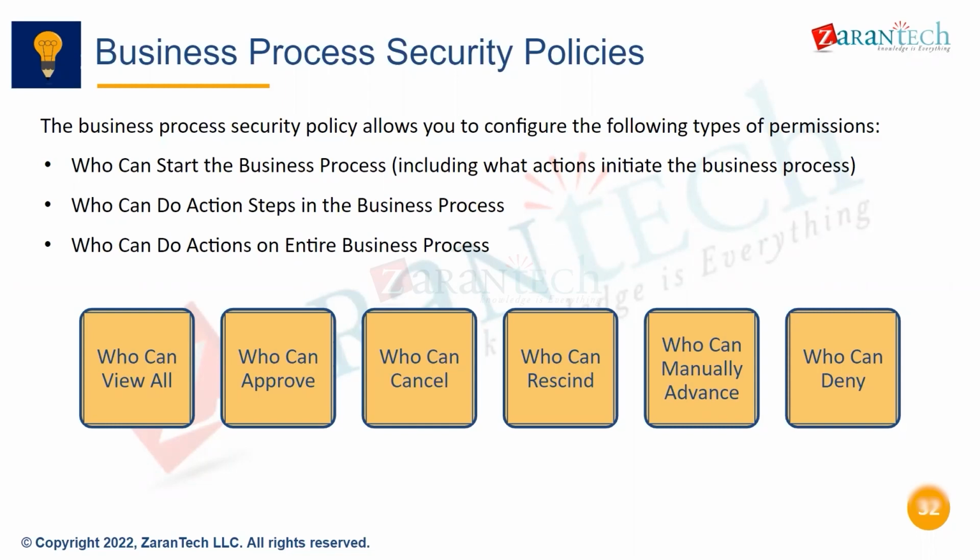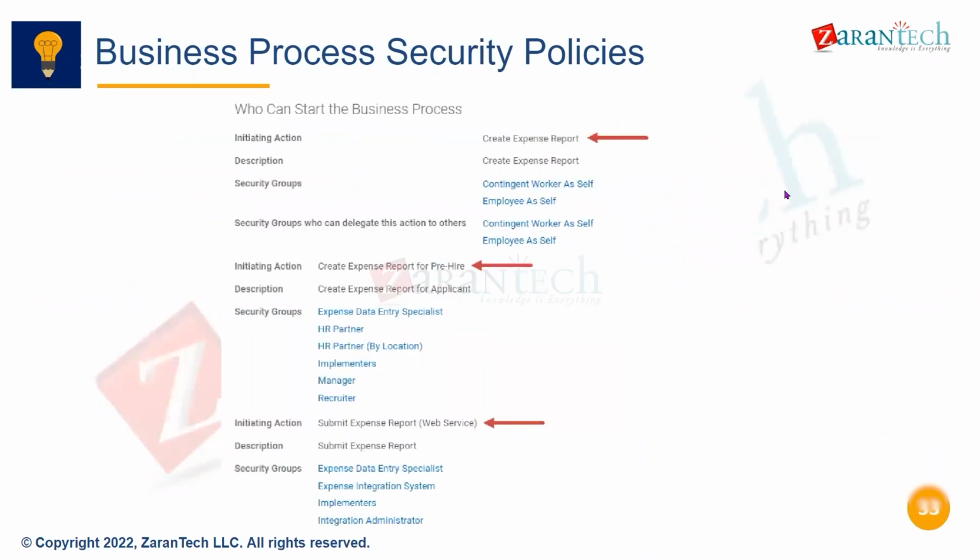We can define all these actions for any business process based on this business process security policy. Is that clear, Sunil? Yep. Okay. Please stop me wherever you feel that I'm going very fast or you are not clear on a topic. Yeah, I will.